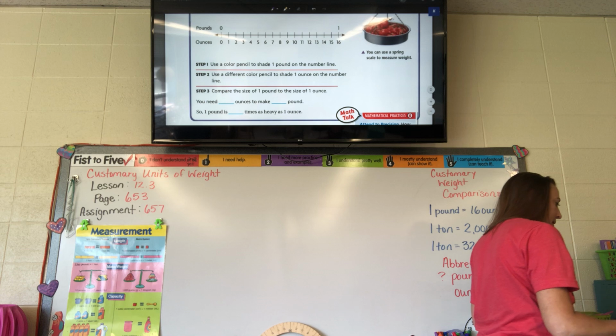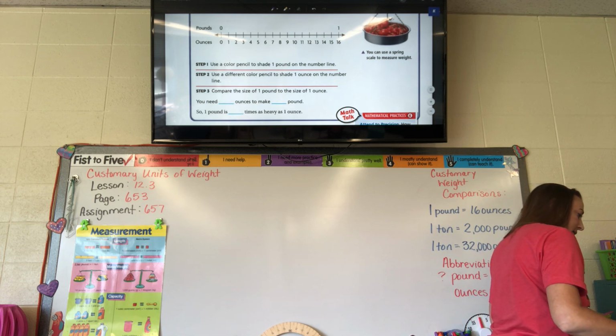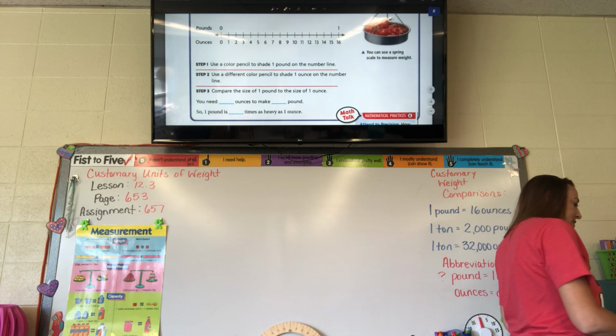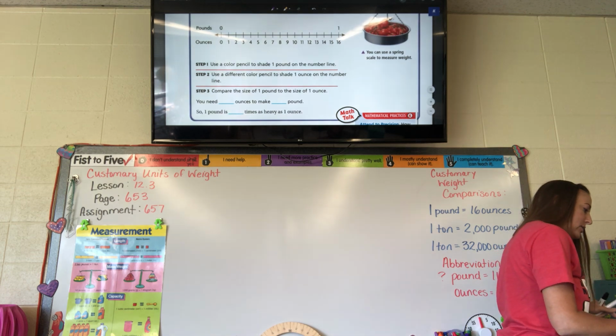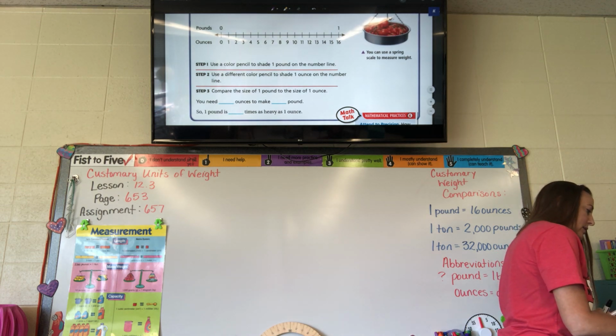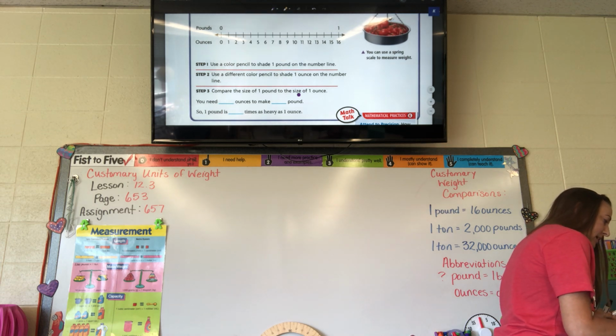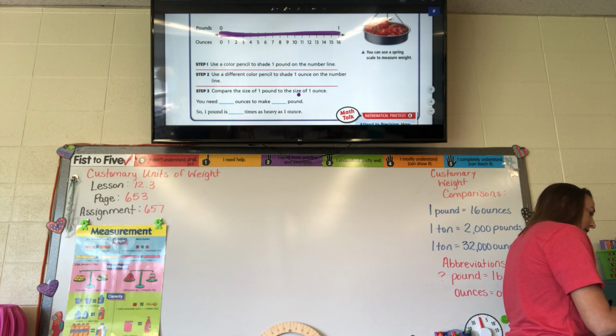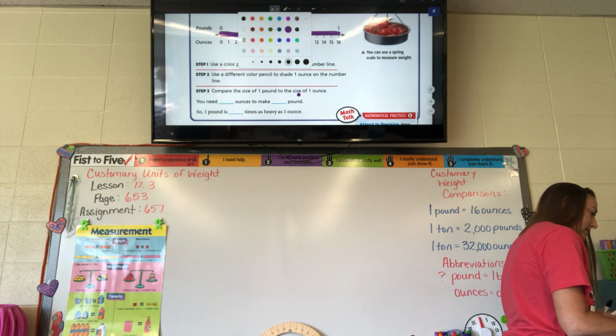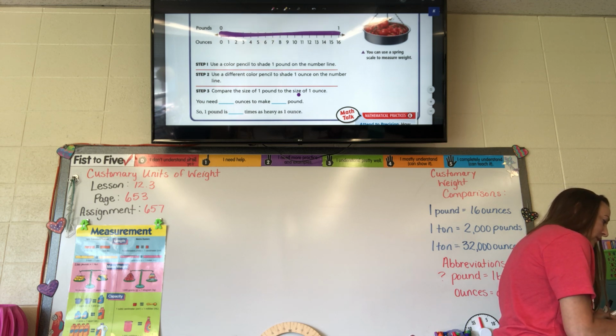It says use a colored pencil to shade 1 pound on the number line. So I will do that really quick for those of you that really want to see that. So here is 1 pound in purple, and then in pink, I'm going to shade 1 ounce.